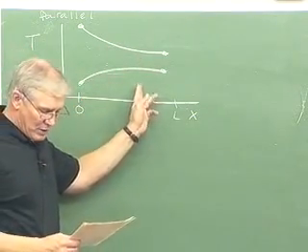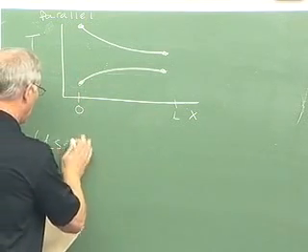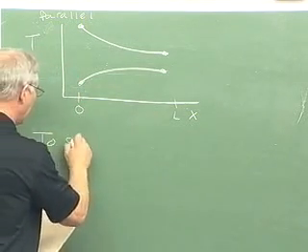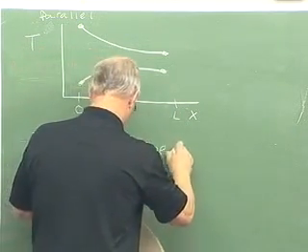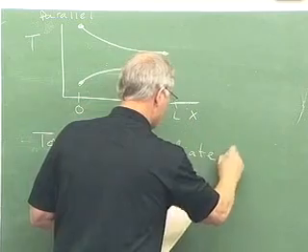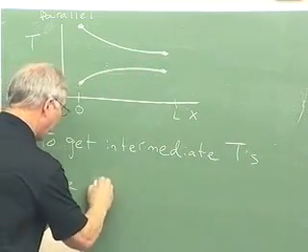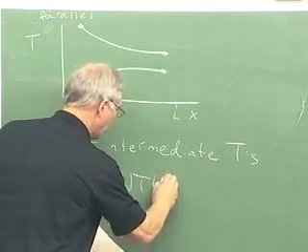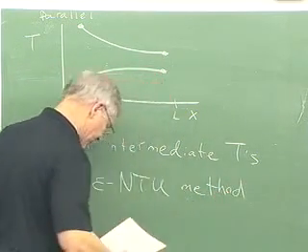Okay, to get intermediate temperatures, we're going to use the effectiveness NTU method that we talk about in class.